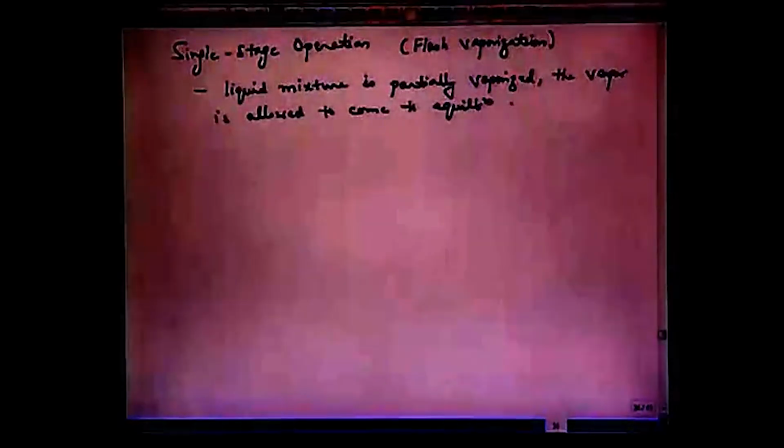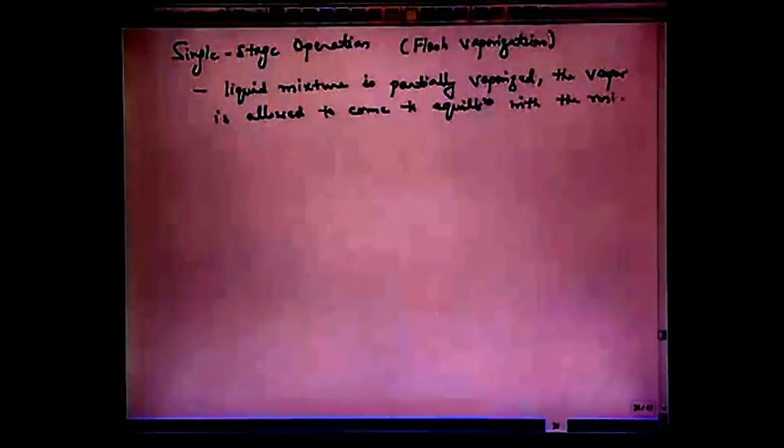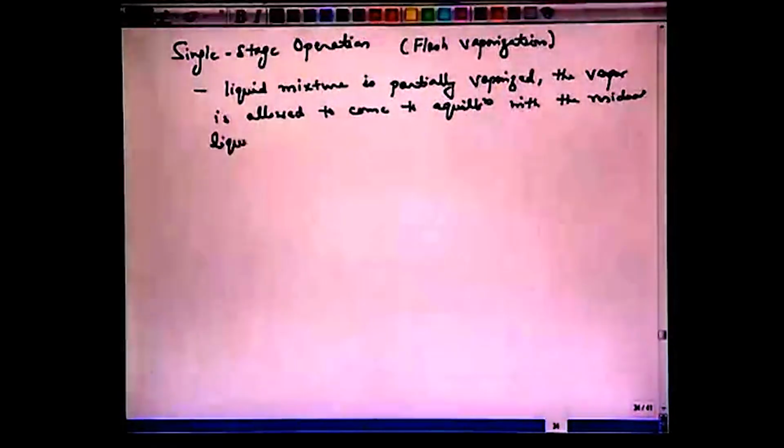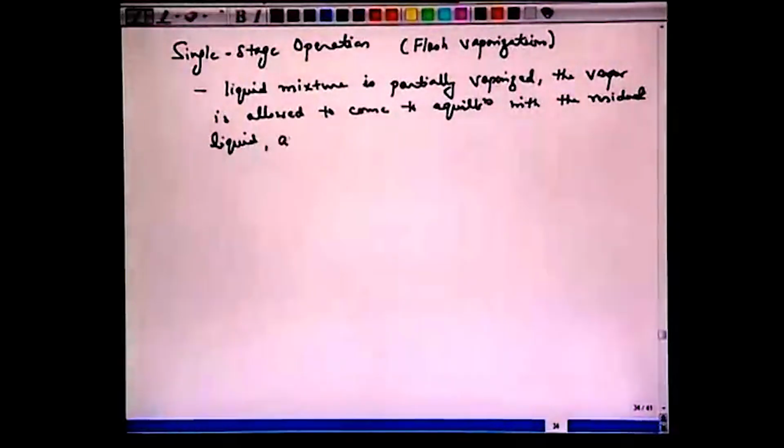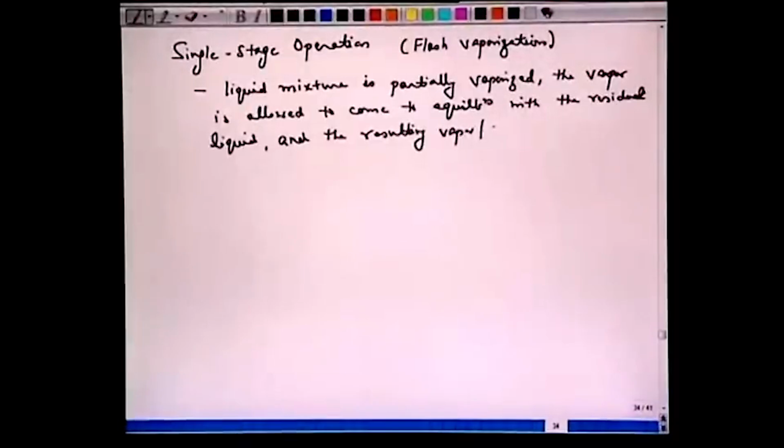Essentially, the liquid mixture is partially vaporized, the vapor is allowed to come to equilibrium with the residual liquid, and the resulting vapor and liquid phases are separated and removed.